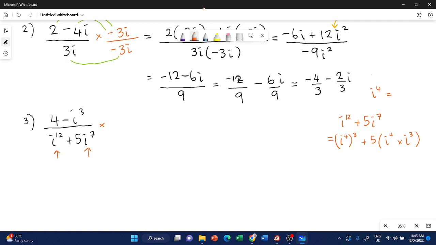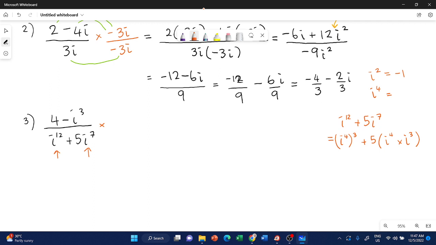See here, i squared is negative 1. So i4 is what? Negative 2. Where did you get negative 2? Oh, is it 0? No. Because i squared and i4 are related. Inside i power 4 there is i squared.